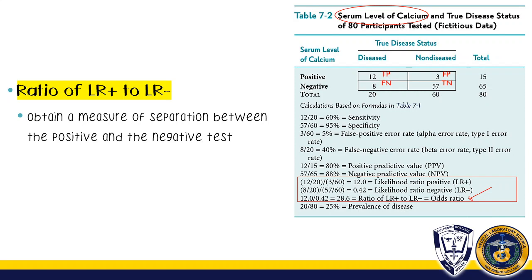Now, the purpose of getting this one is to obtain a measure of separation between the positive and negative test. And for our interpretation here, if it is less than 50, then that means na weak ang inyuhang test. And since diri pa lang sa atong example, ang ratio nato is 28.6, then that would mean that it is actually a weak test in order for us to conclude that there is a true disease. Okay?